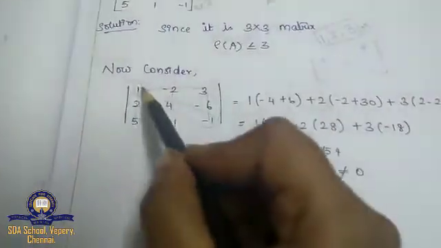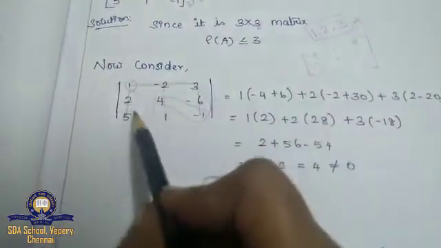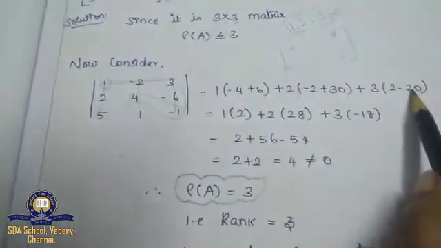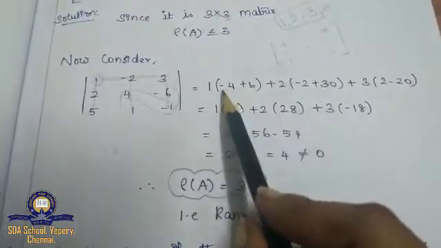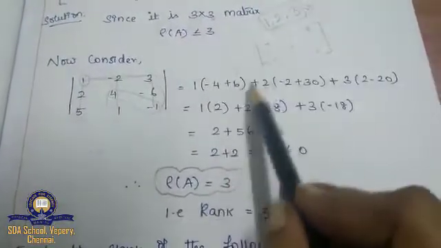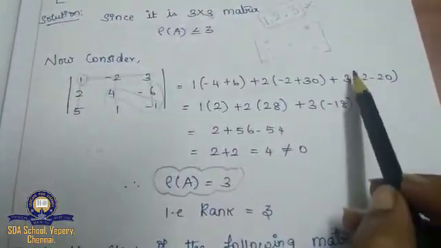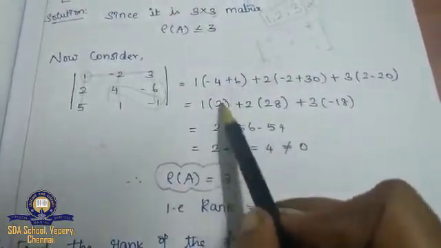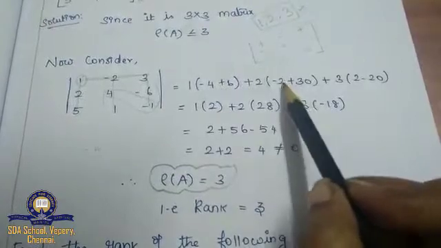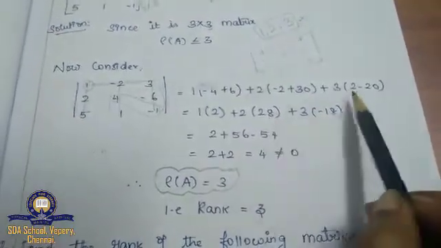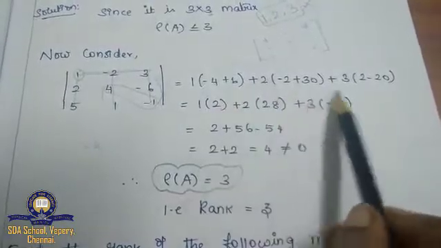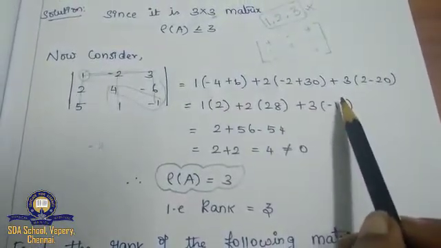The column and row go, 2 into 1 is 2, minus 4 fives are 20. So after finding the determinant value, I'm going to solve the bracket parts. First we need to solve the bracket terms. So minus 4 plus 6 is plus 2. And minus 2 minus 30 is minus 32, and 2 minus 20 is minus 18. And this will give me minus 13. So I'm going to multiply all the things inside.